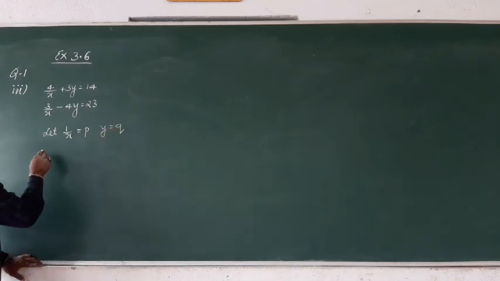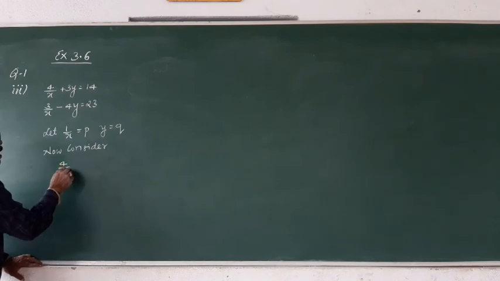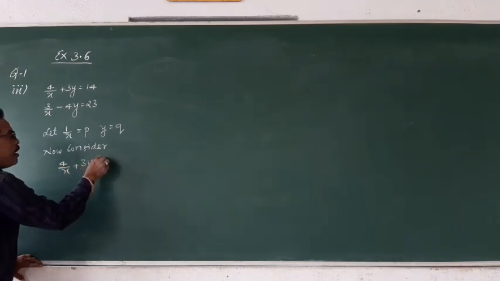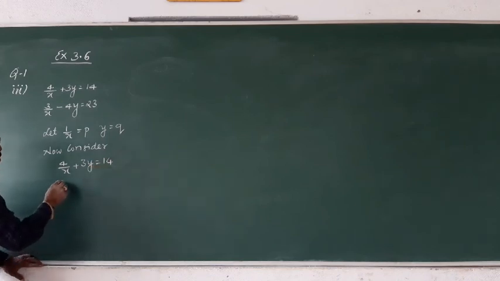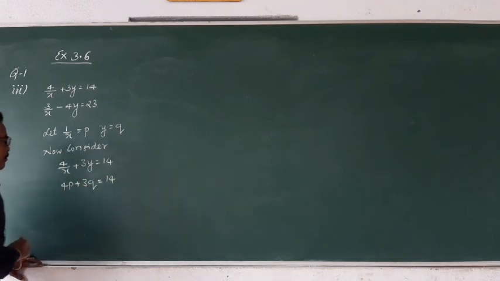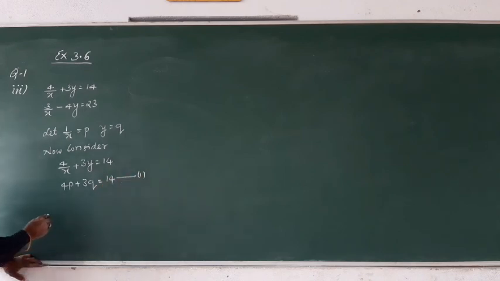Now consider 4 by x plus 3y equals to 14. So 4p plus 3q equals to 14. First one.